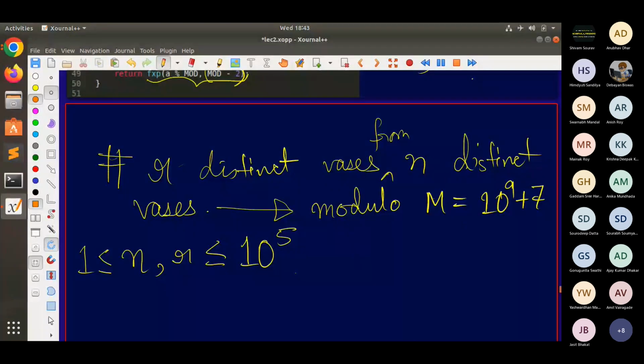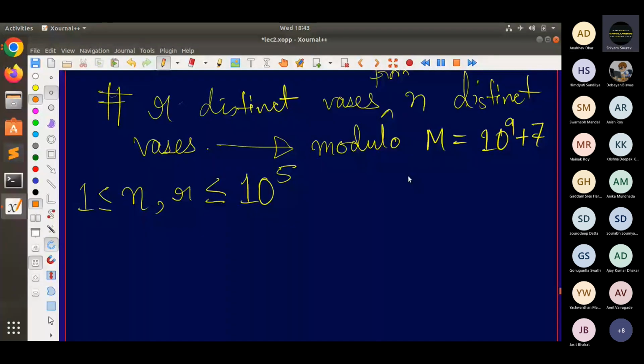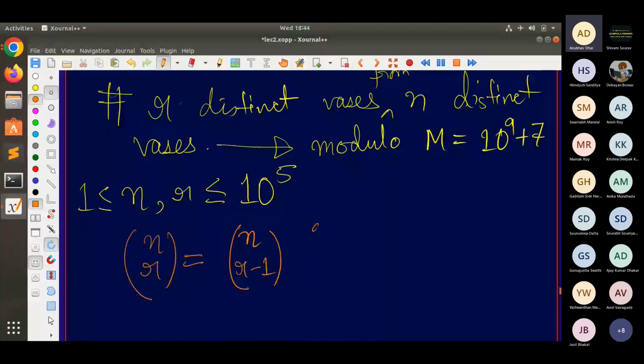Can we use the formula that nCr is n minus 1 C r minus 1 plus n minus 1 C r? So you want to use this recurrence, right?